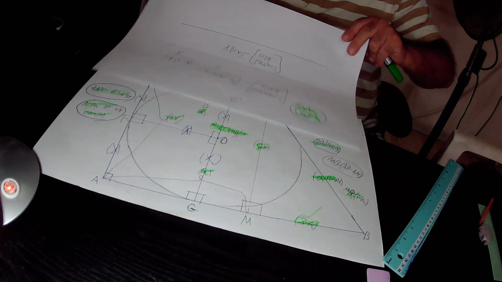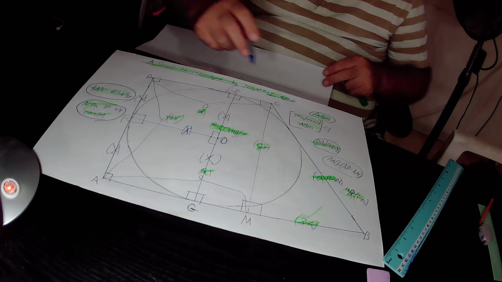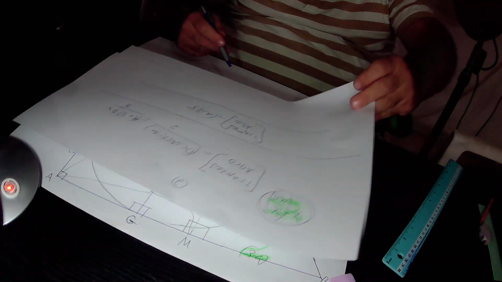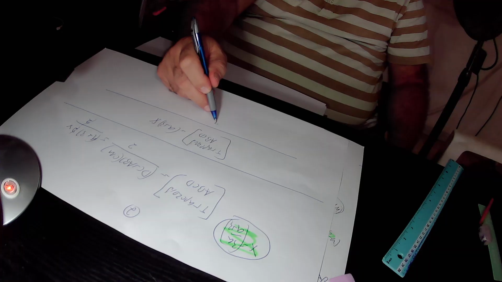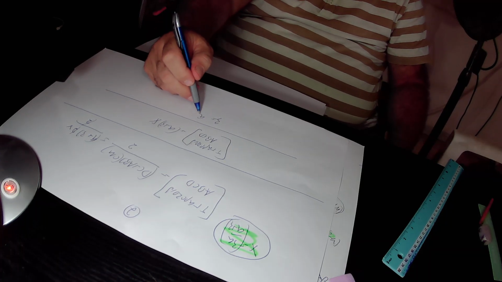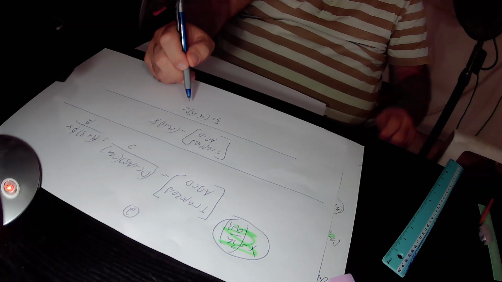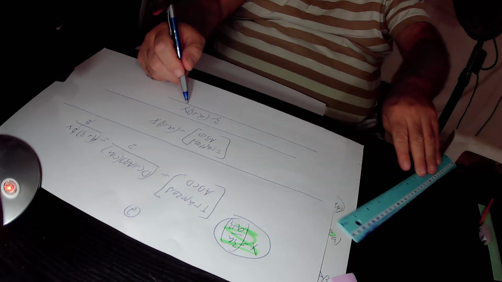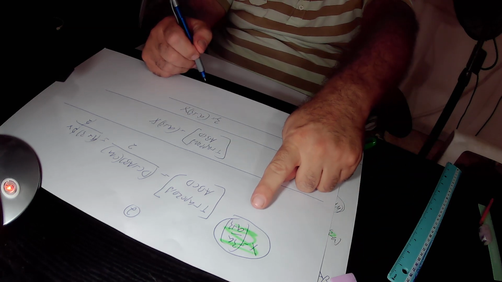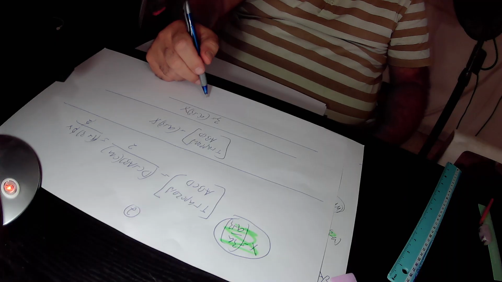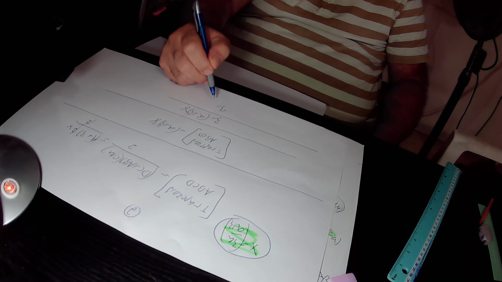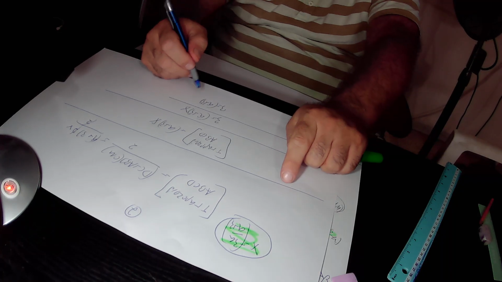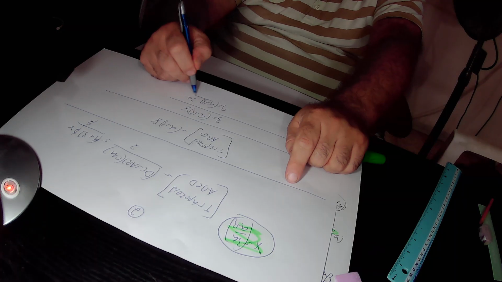But it is given in the question that the area of this trapezoid ABCD is equal to 3 square units. So we can substitute the area of trapezoid ABCD by 3. So 3 equals (A plus 3) times x. Here we substitute x by 3A over (A plus 3), and we get that 3 equals (A plus 3) times 3A over (A plus 3).